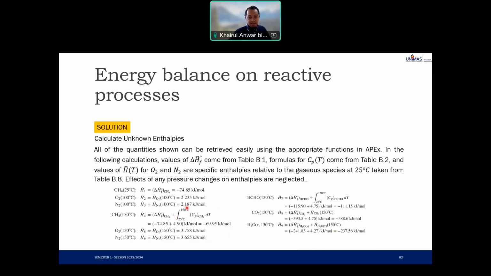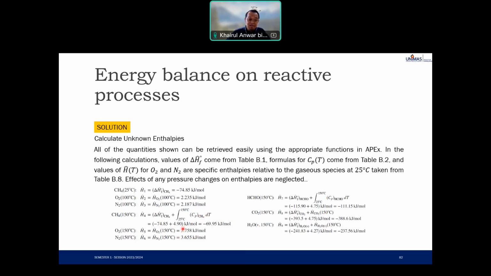So at 150 degrees C, the first one is a formation, C plus 2 H2. You need to find the formation, which is negative 74.85, plus the integration from 25 to the process temperature of 150. CP is from table B2, which is 4.9 here, but you need to do it yourself and confirm it.